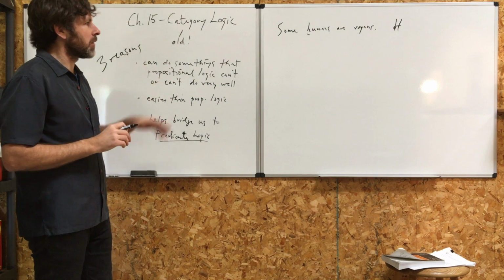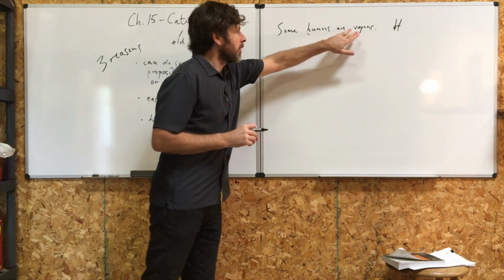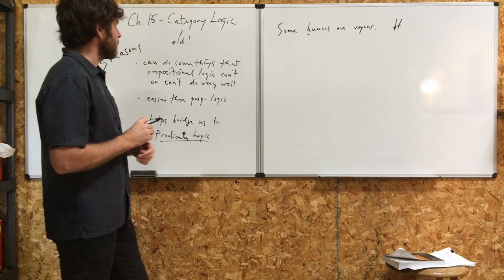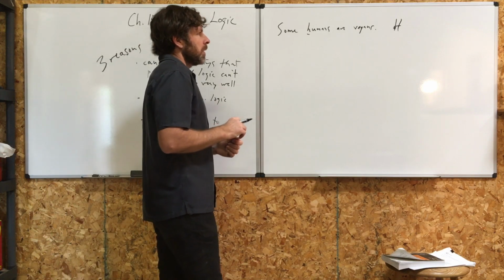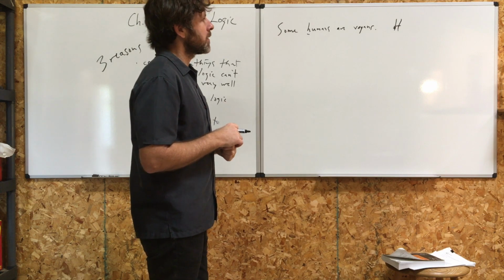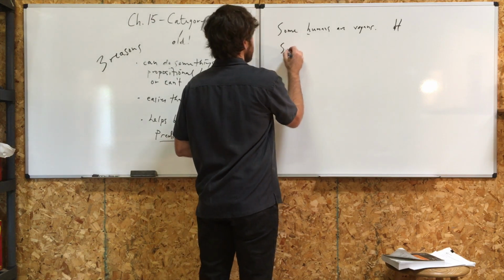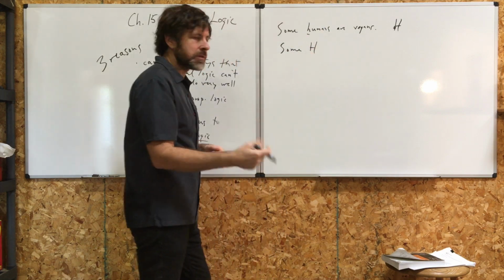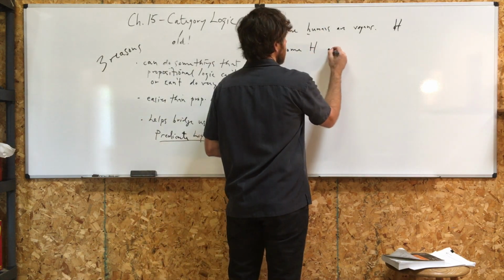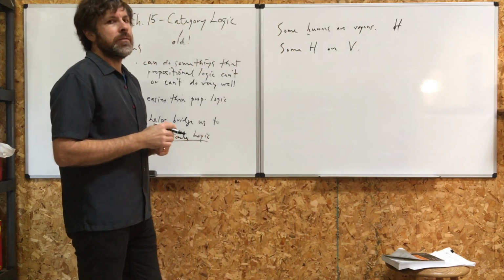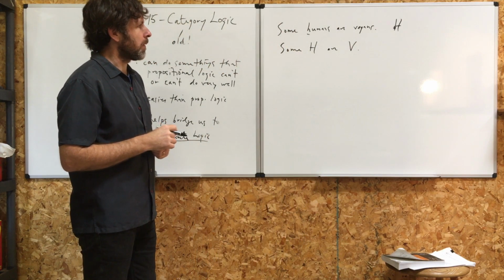That's how you translate or symbolize this English language statement. Now, category logic, on the other hand, would symbolize it this way: some H, and H would stand for humans, category, are V, and V would stand for vegans.